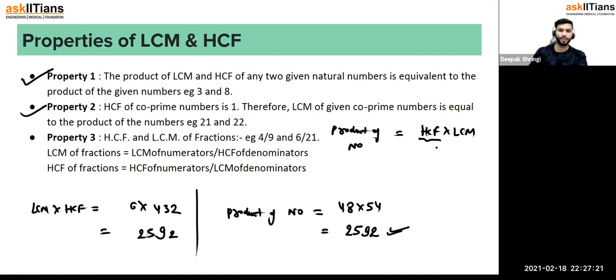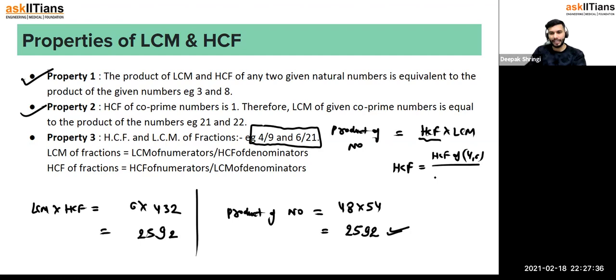For an example, look, let's say you have to find the LCM and HCF of 4 by 9 and 6 by 21, right? First of all, let's say I want to find the HCF. To get the HCF, I'll find the HCF of the numerators 4 and 6, and I'll find the LCM of 9 and 21. What is the highest common factor of 4 and 6? 2, right?